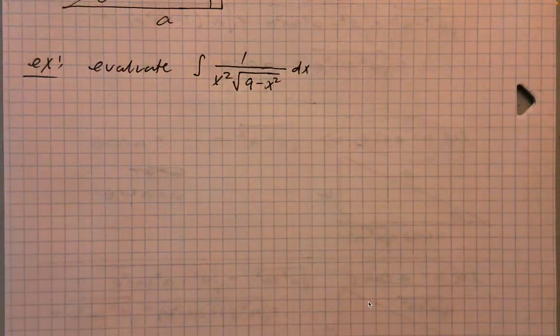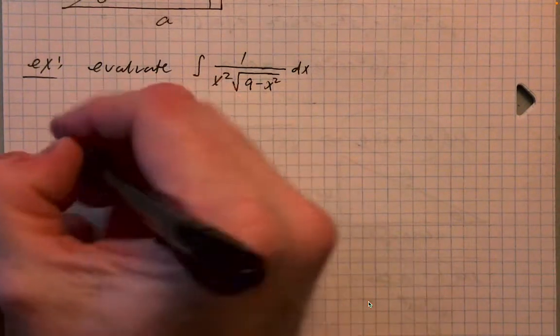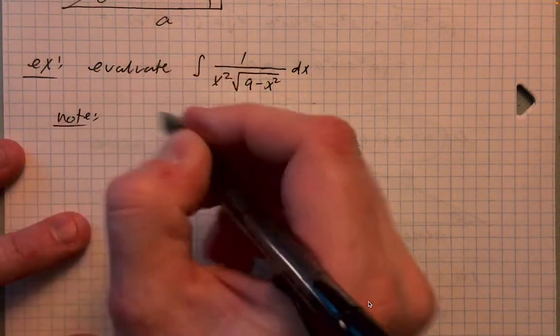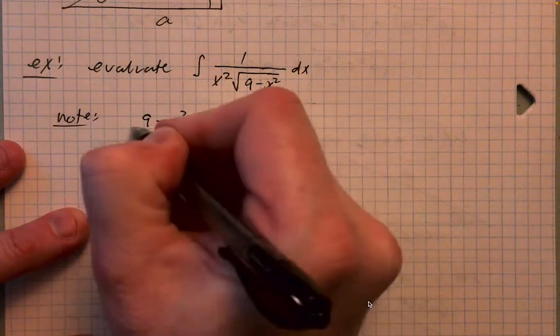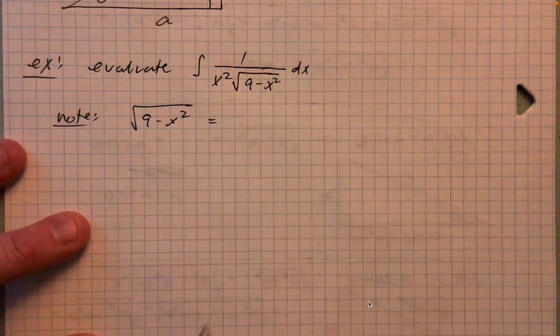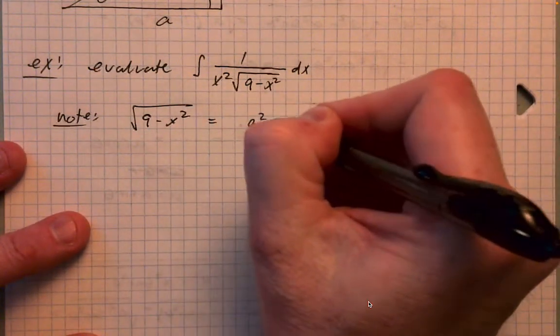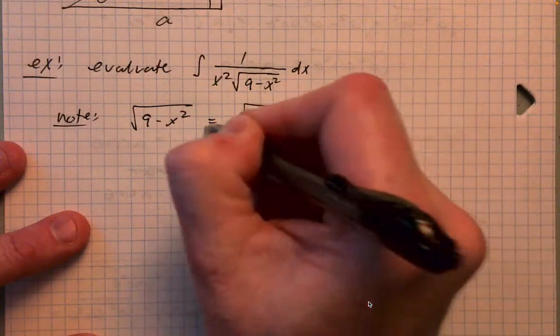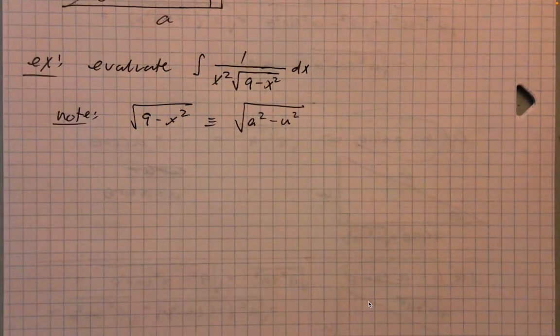Okay, something like this. Note, obviously, that 9 minus x squared is of the form a squared minus u squared. All right, so it fits that form.